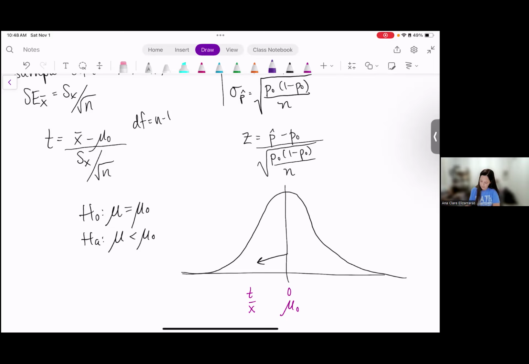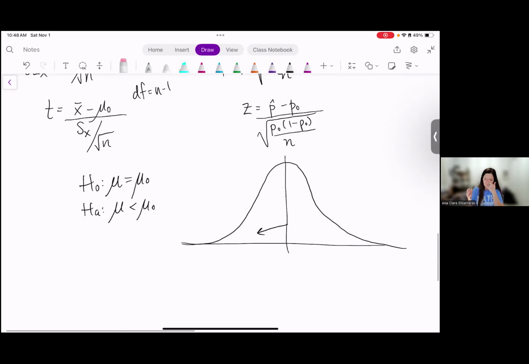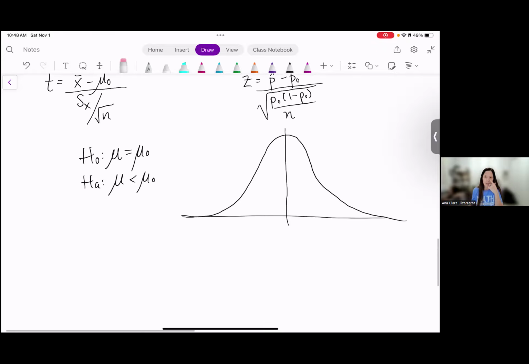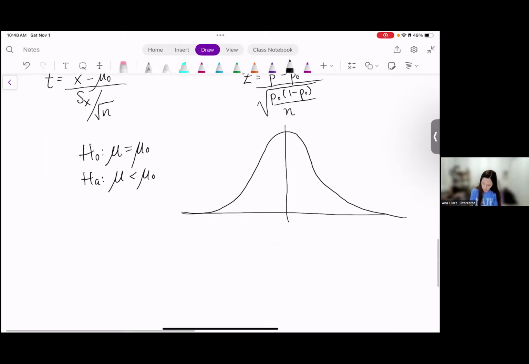So let's say my t-score is over here, that's pretty rare. So what happens is you then go into your distribution. You either use your chart or you use a formula, or you use technology, and you calculate the probability. And then that probability is how likely you are to have obtained the sample data you did, assuming that all is true. So we calculate this thing called a p-value.